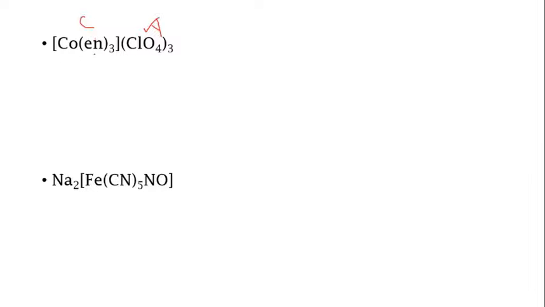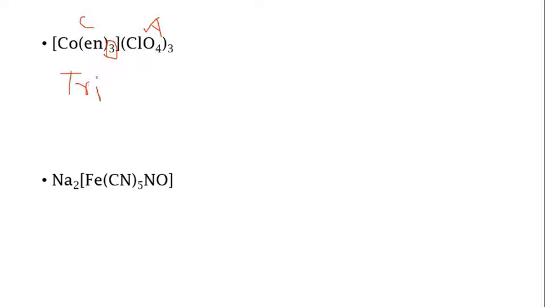And what kind of ligand is en, ethylene diamine? Ethylene diamine is a polydentate ligand. So whenever there are polydentate ligands, you need to name using prefixes such as bis, tris, tetrakis, etc. So how many ethylene diamine ligands are there? There are three. So the term comes tris.